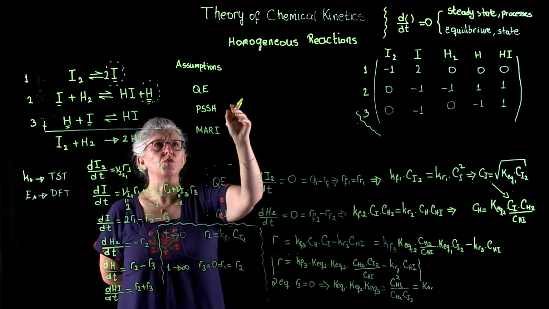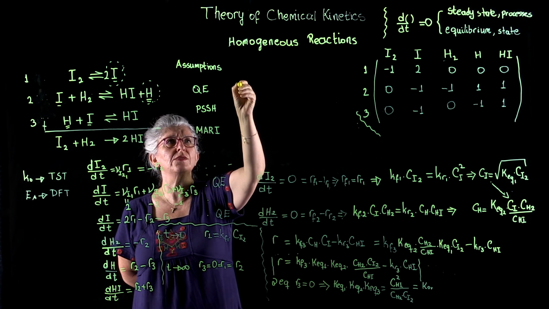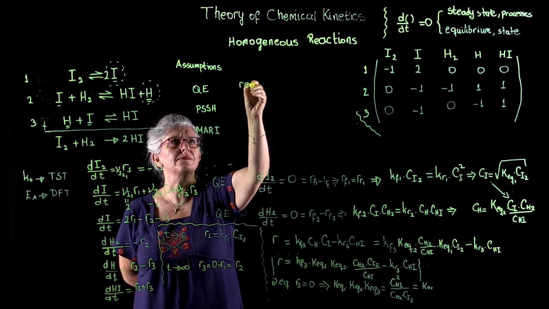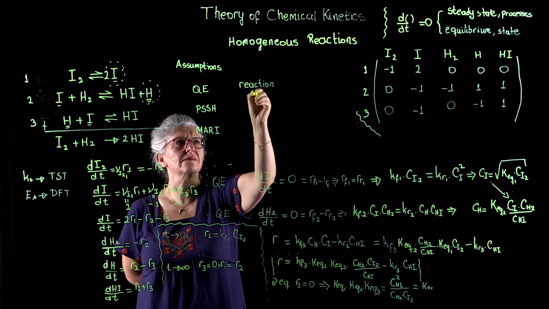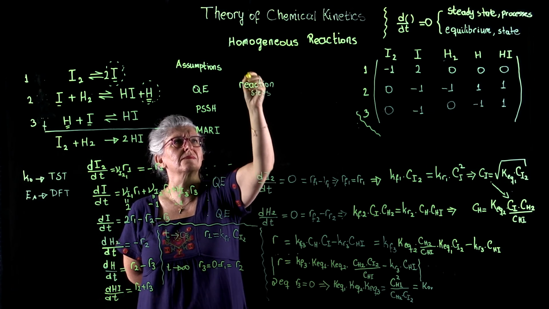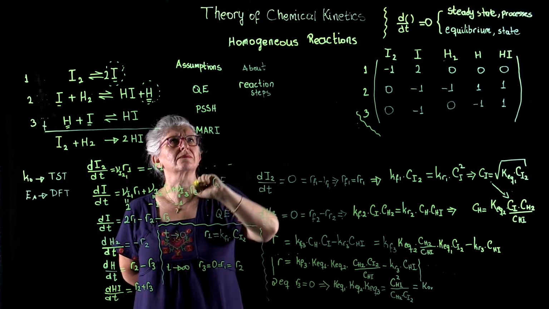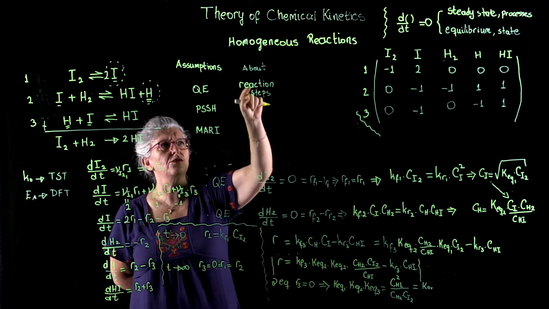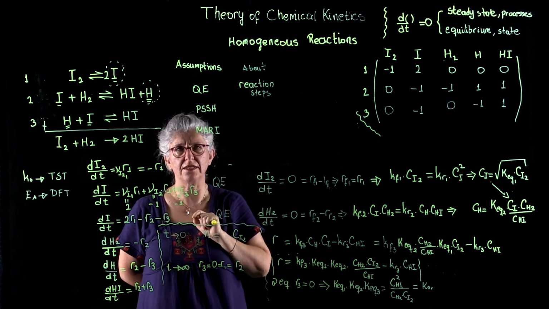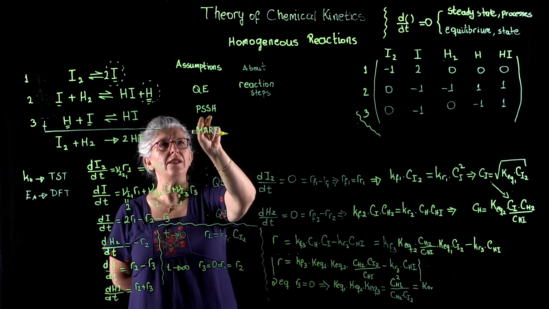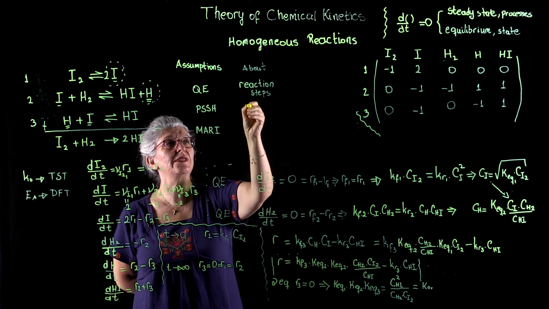Quasi-equilibrium is about the reaction steps: assumptions about reaction steps, while the pseudo-steady state hypothesis is about the intermediates.